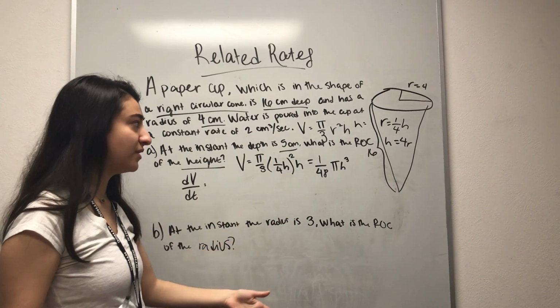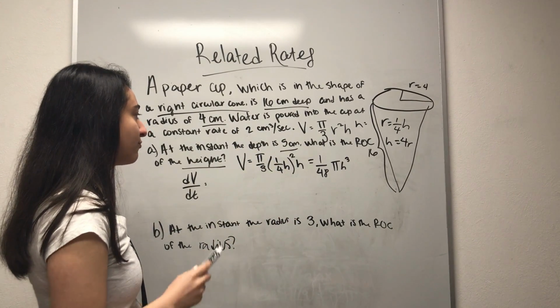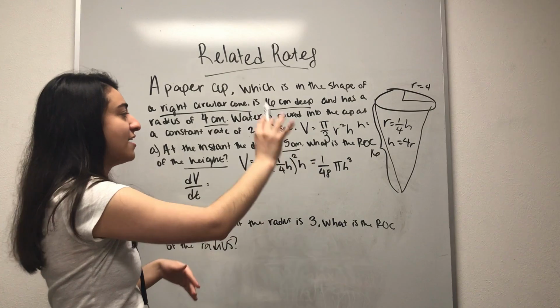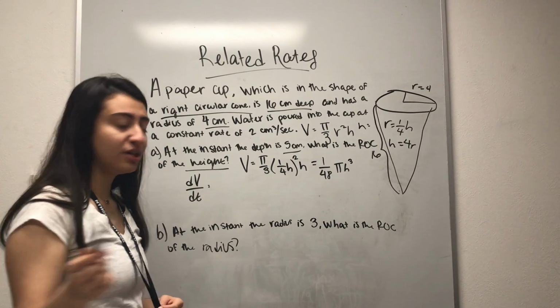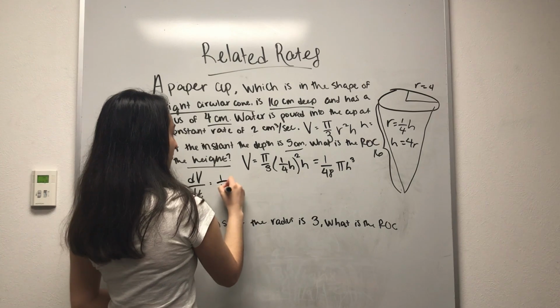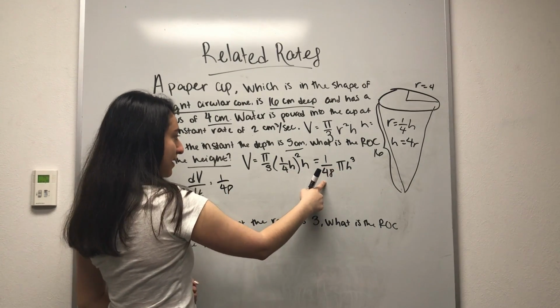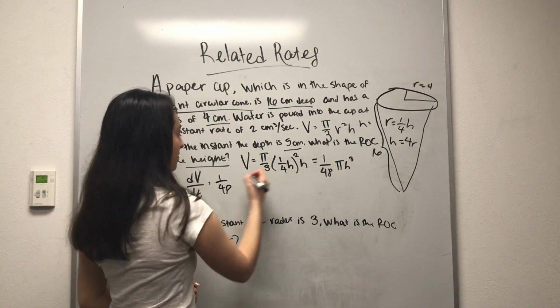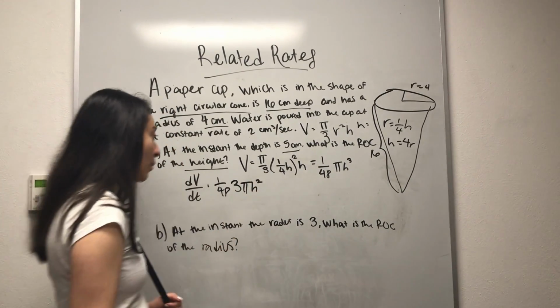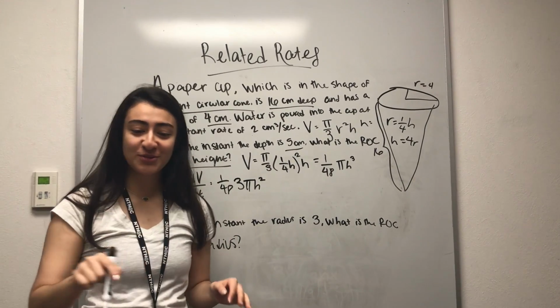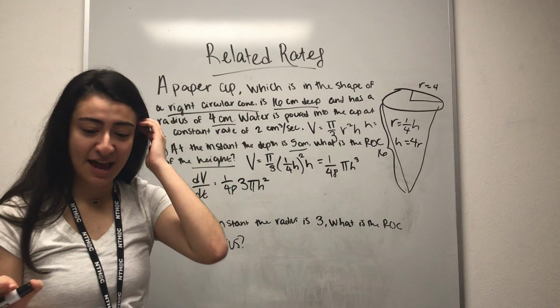We know how to find the derivative, right? If we put the coefficient in front and then subtract 1 from the exponent, then we are ultimately going to get 1/48 right there, and then do the derivative, so 3 pi H squared. Not bad. All of you can do that, okay? Step by step.